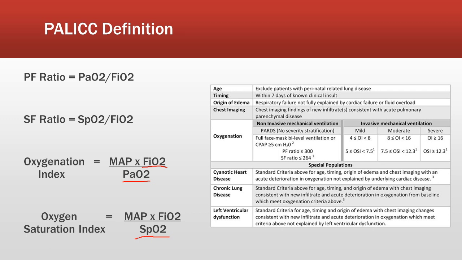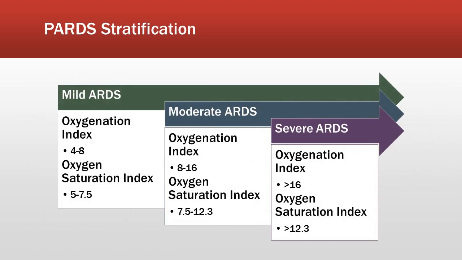If you are on an invasive form of mechanical ventilation and you can take into account the degree of pressure that you're providing for the patients, then there are two major formulas to use. We will go over the oxygenation index, where you take the mean airway pressure, multiply it by the fraction of inspired oxygen. If you're using the full percentage, then you do not need to multiply by 100, but if you're using a fraction or a decimal, then you do. Based off those calculations for hypoxemia, these patients can be stratified into mild ARDS depending on their OI or OSI, moderate ARDS, or severe ARDS.